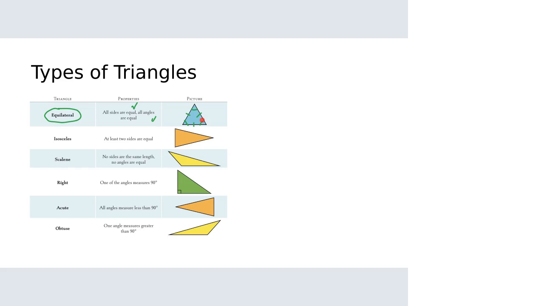You don't have to remember this, but if you do, what is the sum of the angles in a triangle? Anybody remember? If you add up all the angles inside a triangle, what do you get? If you don't remember, it's okay. We're certainly going to bring that up.